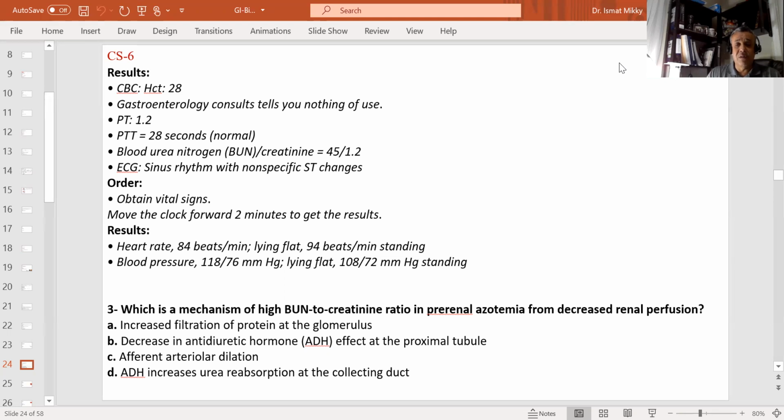And that would dilute the concentrating ability of the kidney. And also we talk about the urea transporter 1, that the ADH also puts the urea transporter 1 directly into the collecting duct and causes the direct urea absorption in the collecting duct. There was a similar question prior to this.